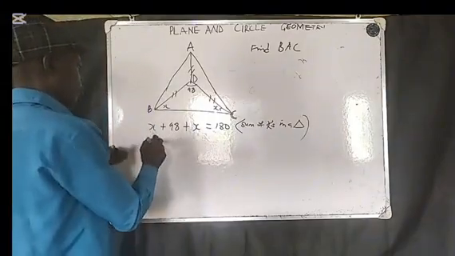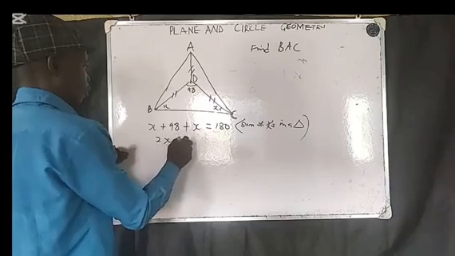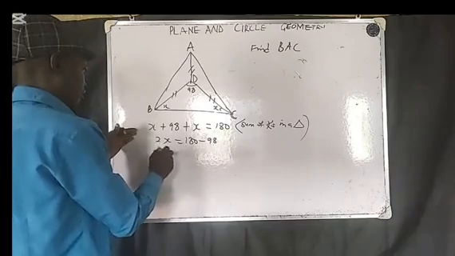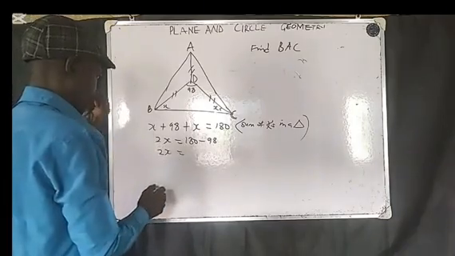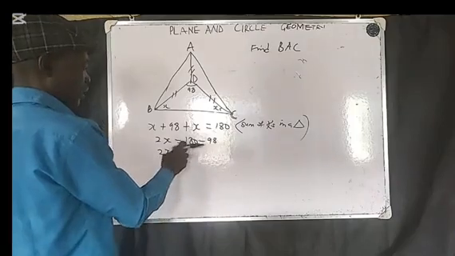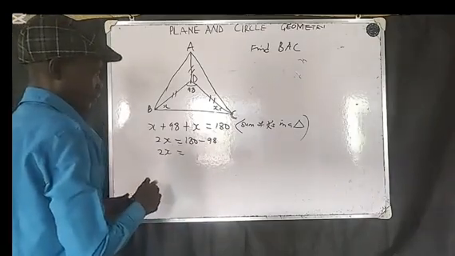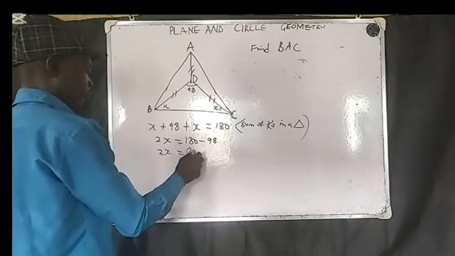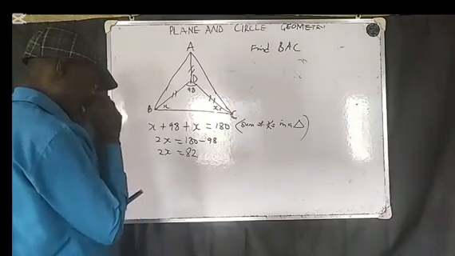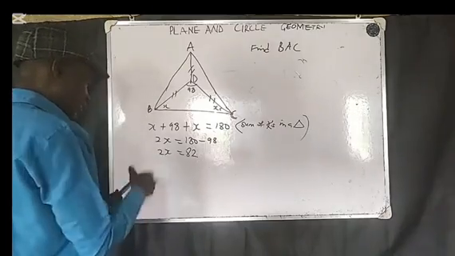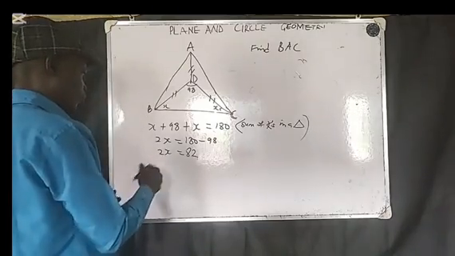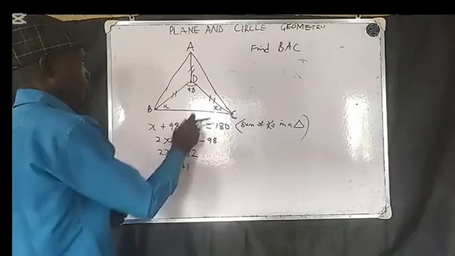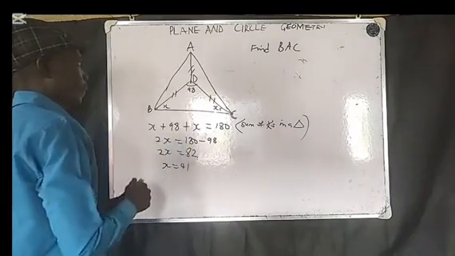So we're going to have 2x equals 180 minus 98. Then 2x equals 180 minus 90, that will become 90, then 90 minus 8, that will become 82. Then divide both sides by 2, that will give us 41. X equals 41. So this 41 is 41.